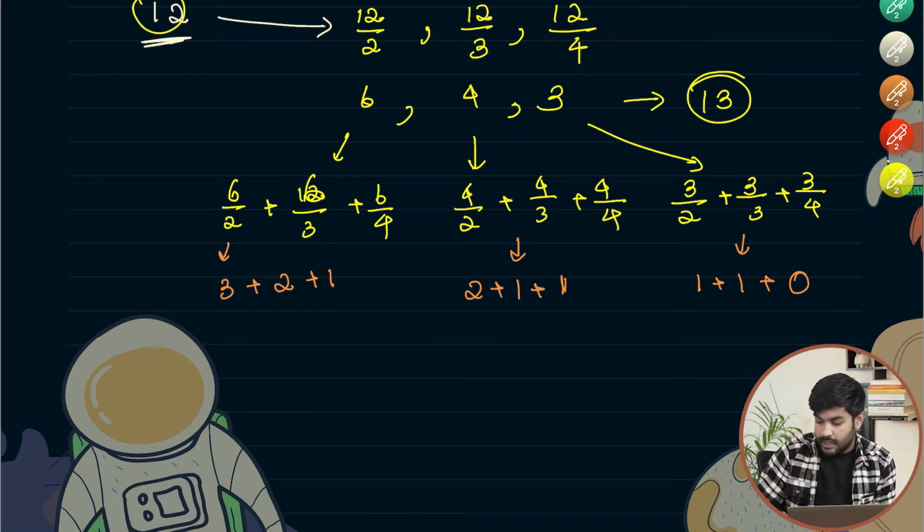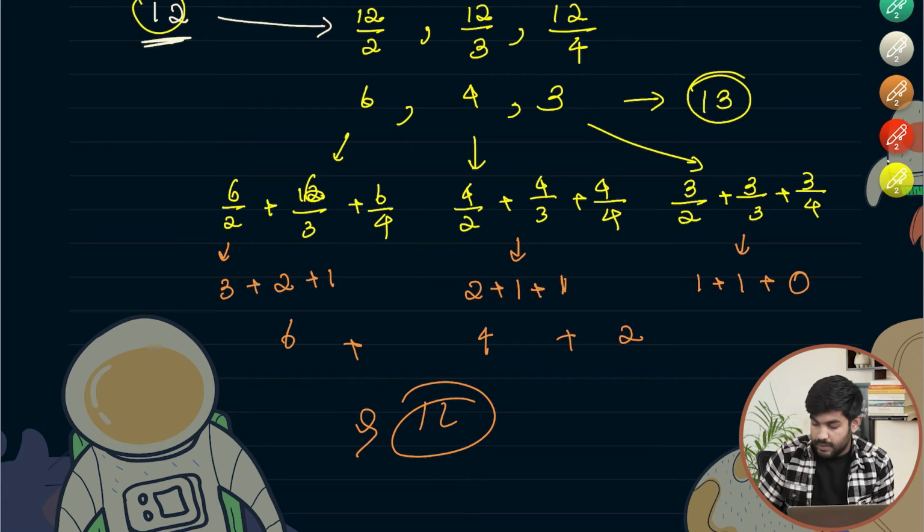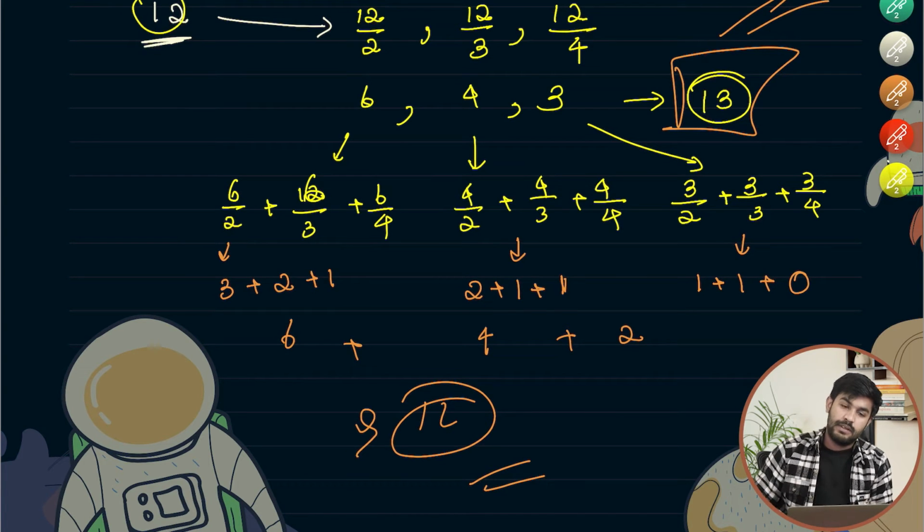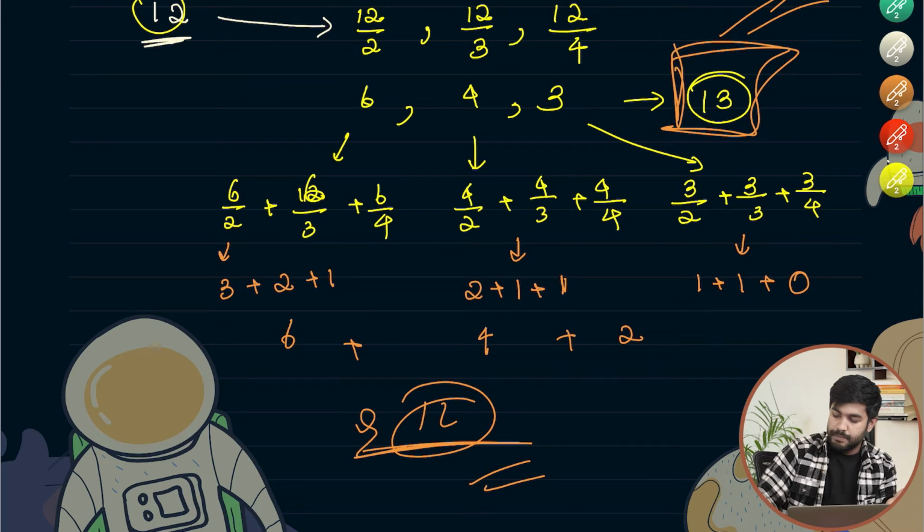Now if you observe, 3 plus 2 is 5, 6, and so on, and this we have 12, which is less than this, so we would consider this as the answer. So if you observe, we are recursively breaking it down, and the point which gives me the maximum would be my solution.